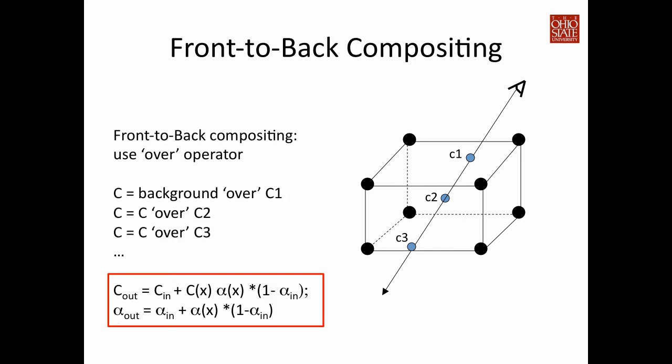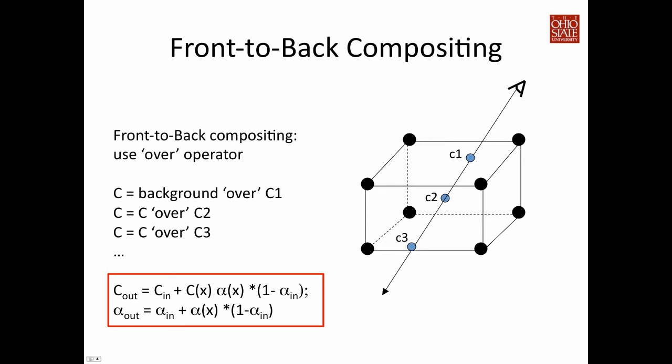There is another way you can perform image compositing, by using the so-called over operator. Using this over operator, you assume you start with an initial color, and then you blend this initial color over the first sample you see. In this example, we use C1.